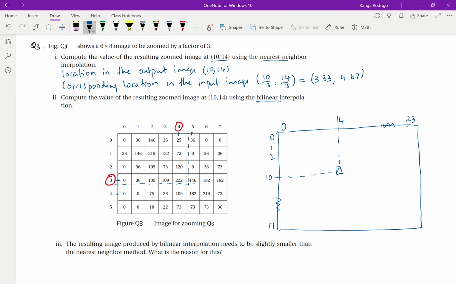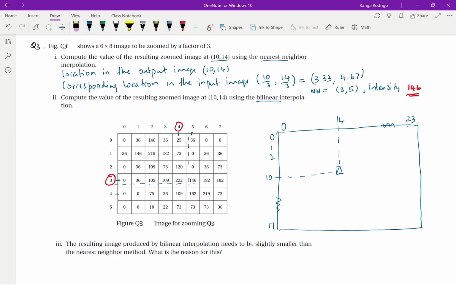This is our nearest neighbor. So nearest neighbor would be 3, 5. So the intensity of 3, 5 would be 146. Okay, so that is the nearest neighbor computation.